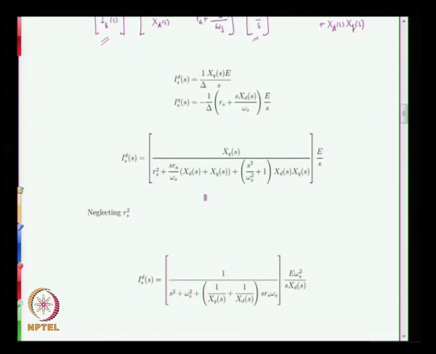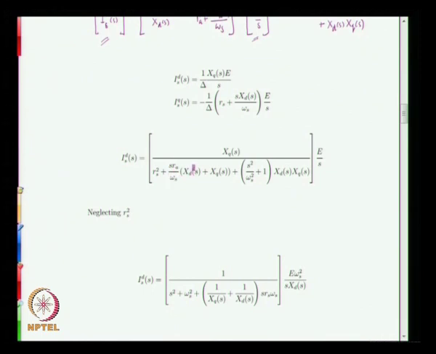And then we also take xd and xq out of this, since you have these terms here xd xq. If you take them out of this, then you have s times Ra by omega s divided by xd xq.